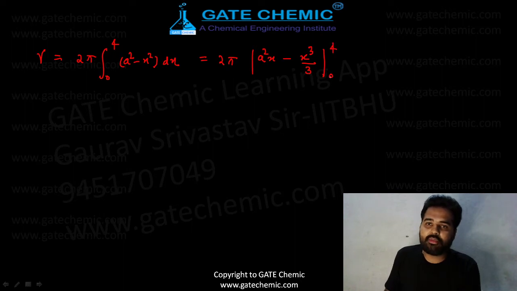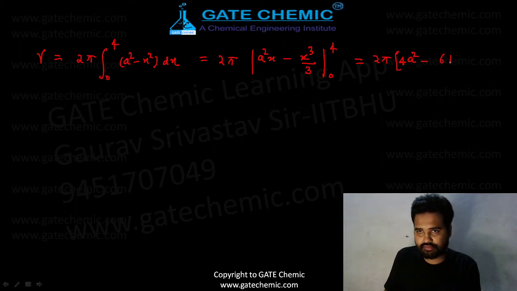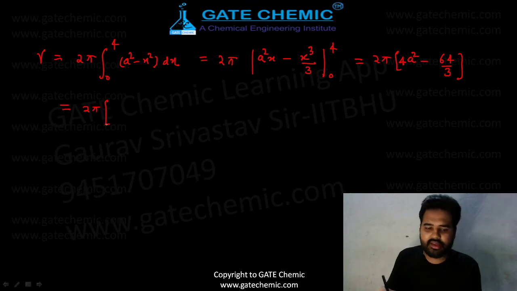You can see the lower limit is not going to exist here. Upon the lower limit both terms will be 0, so it's 2 pi and upper limit 4 a square minus 4 cubed, 64 by 3. Now I am solving this one, so it's 2 pi, and 64, x cube by 3.